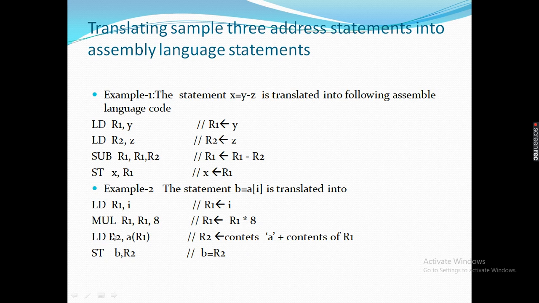So here this instruction: LD R2 comma a of R1. Here the content of a, that is the starting address of array a, will be added with the content of register R1, and the result will be stored in register R2.